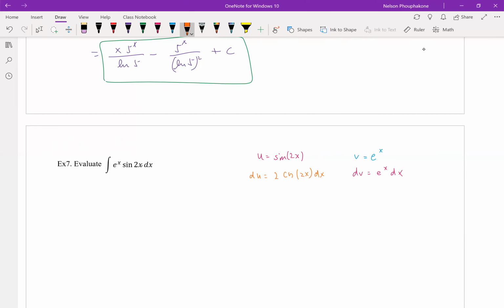Okay, so now then let's see. I will have the integral of e to the x sine of 2x dx is equal to u times v, e to the x sine of 2x, minus the integral of v du.